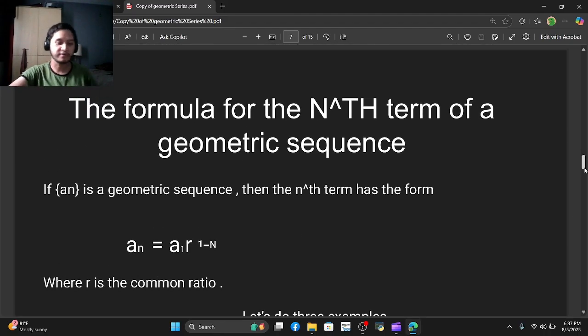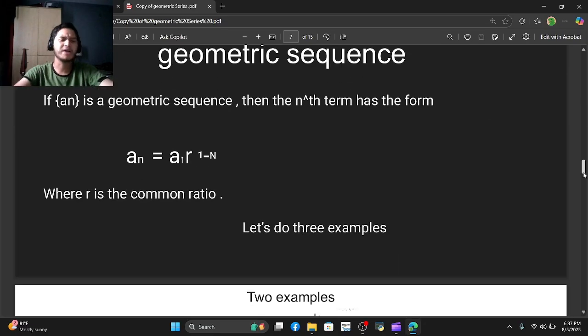This is really important. Why n minus 1? Because if we want to know the first term, guess what? This will be equal to 0, and r to the power of 0, obviously, if we take the first term, any number to the power of 0 is 1.